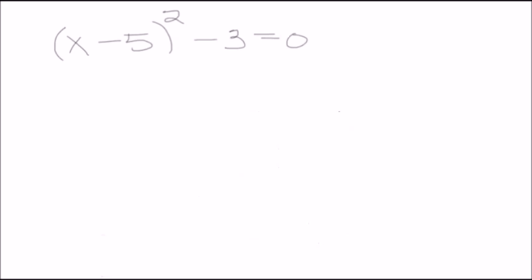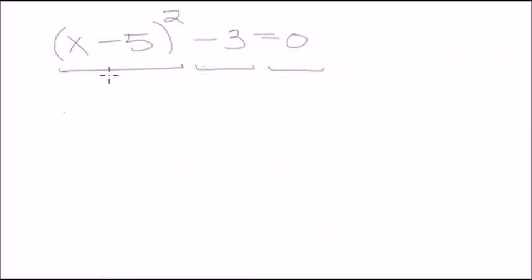I'm first going to talk through a conceptual example that clarifies what we're trying to do here. Imagine that you have a polynomial expressed in this form, where you have some term squared at the front, and then a constant term, and you're trying to solve for when that expression is equal to 0. For the most part, if you had something that wasn't a squared term, you'd have to work pretty hard.